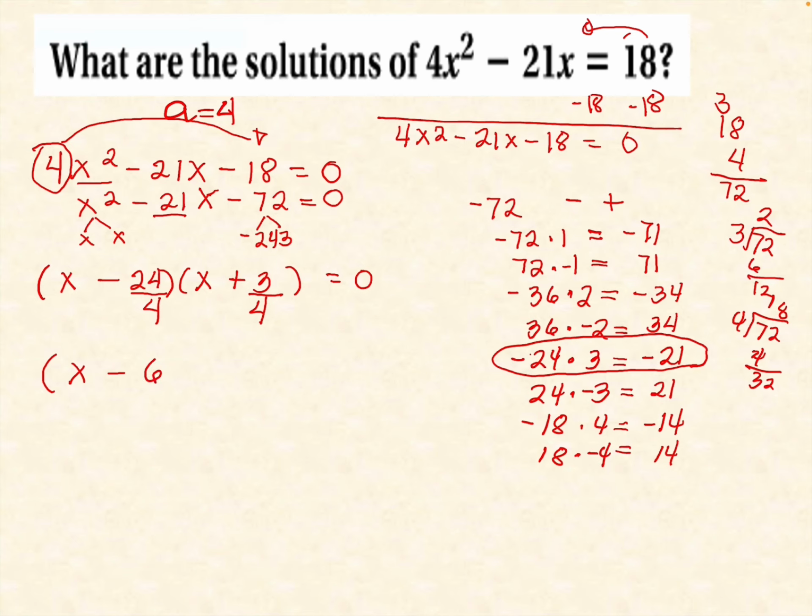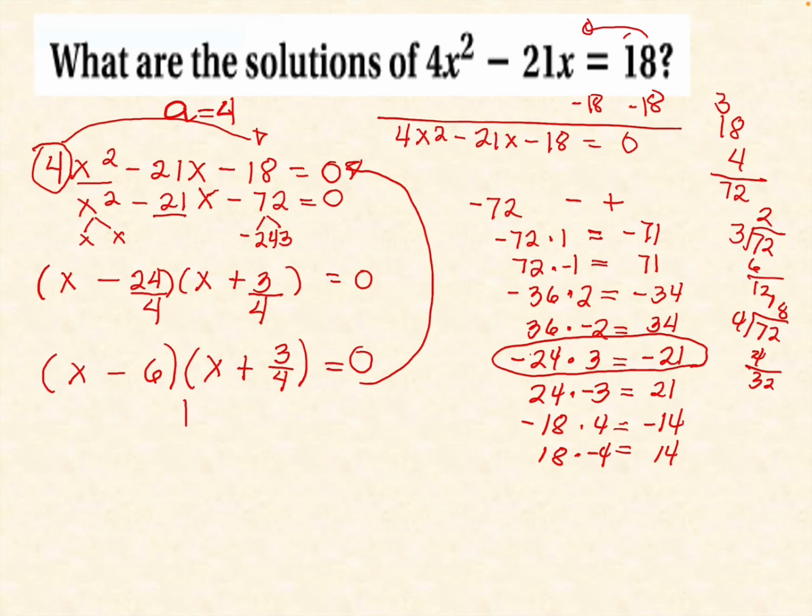That is 6. Multiplied by x plus, can we divide 3 by 4 exactly? No. So you now have 3 over 4, equal to 0. This is now the final factored form of the quadratic expression in the given equation.